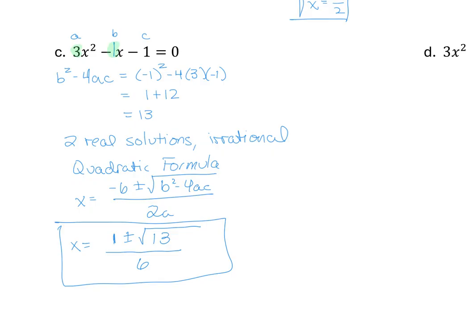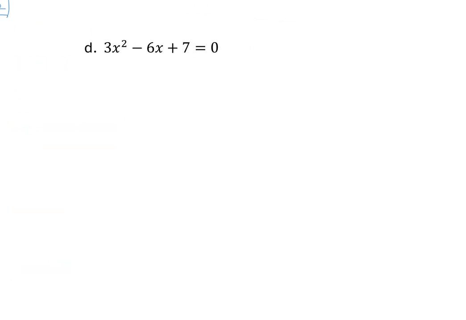All right, last one. We have 3x squared minus 6x plus 7. We'll start by finding our discriminant. We have b squared minus 4ac. We have a is 3, b is -6, and c is 7.